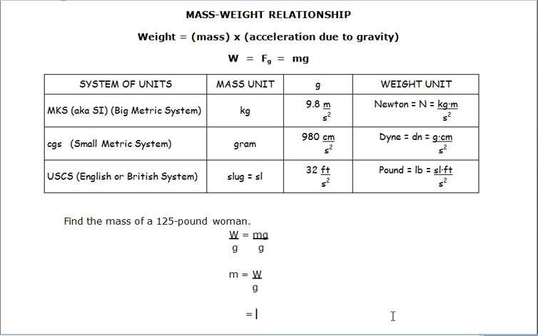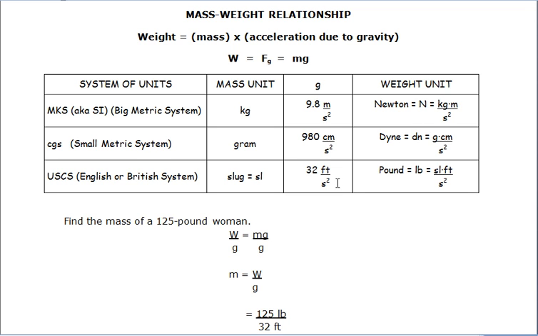Mass equals the weight, which was 125 pounds, and that's going to be divided by the acceleration due to gravity, which, since we're working with the English system, we want to look at the English row of the chart and take the acceleration due to gravity of 32 feet per second squared.